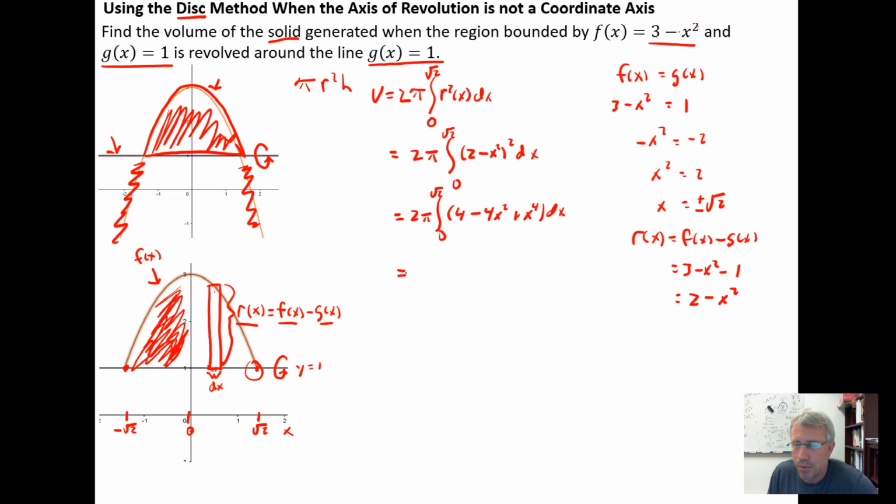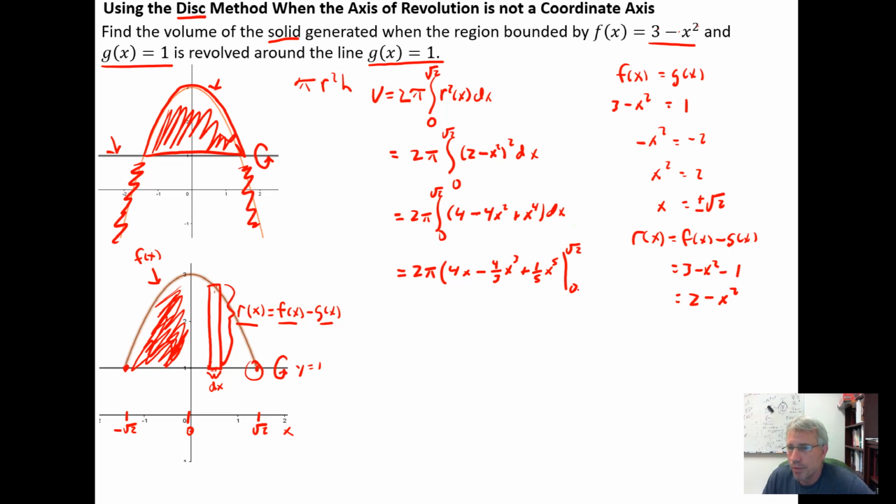So I'm going to get 2 times pi times, integrate 4, I get 4x, minus x squared is going to become an x cubed, so I need a 4/3 x cubed, plus x to the 4th will become x to the 5th, so I'm going to need a 1/5 x to the 5th, and I'm integrating from 0 to the square root of 2.